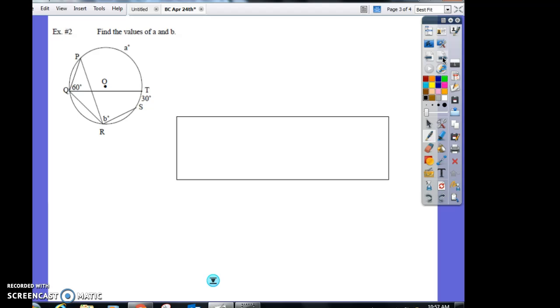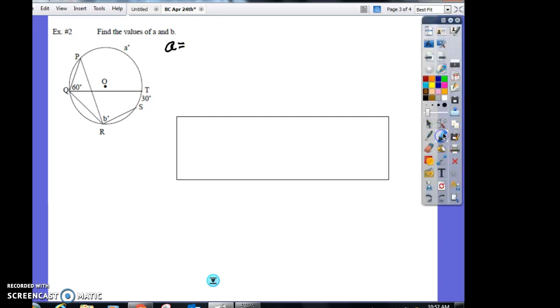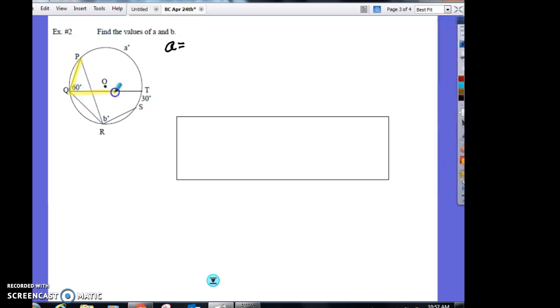Find the values of A and B. All right, so let's start with arc A. I see no central angles, but I see a ton of inscribed angles. So what I'm going to try to find in this diagram is whether there is an inscribed angle drawn to arc A. And you better believe there is. Angle PQT.